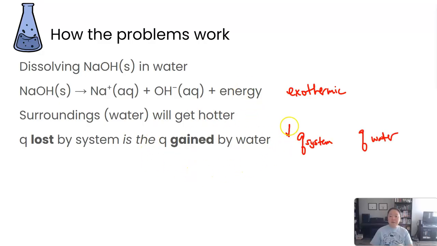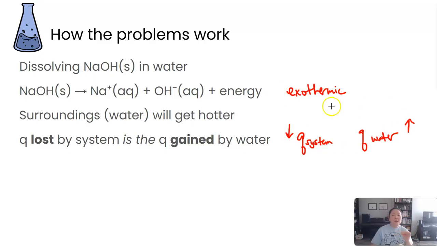So while the heat of the system is going to go down, the heat of the water is going to go up. Now the thing is that quantity-wise, these numbers are going to be the same. But you can see that the signs themselves are the opposite of each other. When one is losing, the other one is gaining.